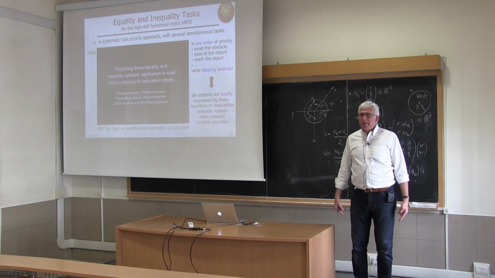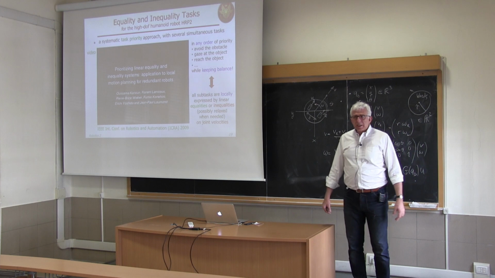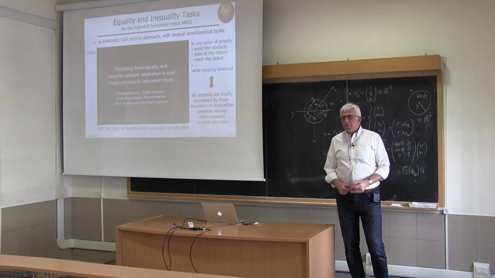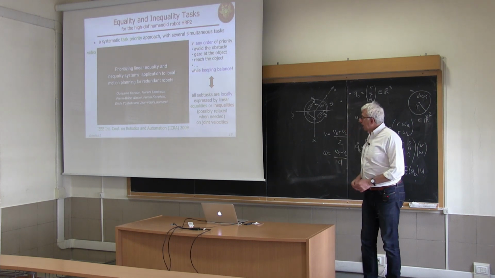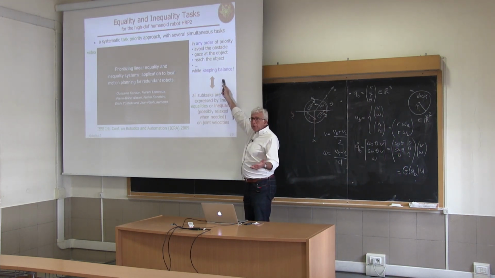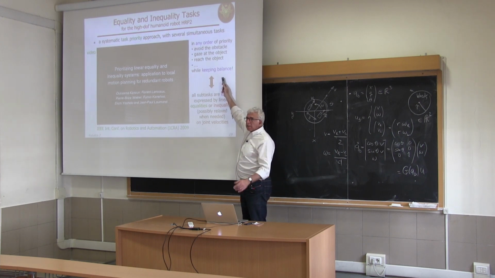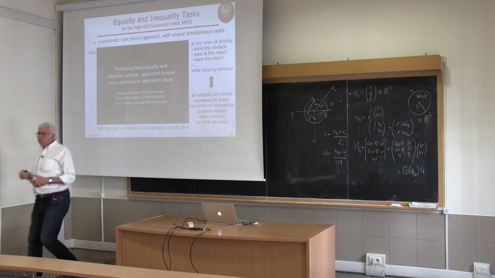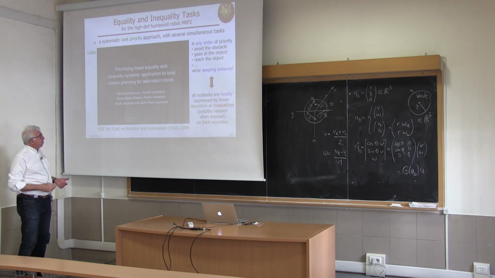You can approximate this area with a convex polygon, and these are linear constraints of the inequality type. Okay, so this, I would say that this is placed on top of everything. We don't want the robot to fall. So this will be the top priority in all following experiments, or simulation. But then you will see in different cases the switch of priorities give rise to different behavior of the humanoid.